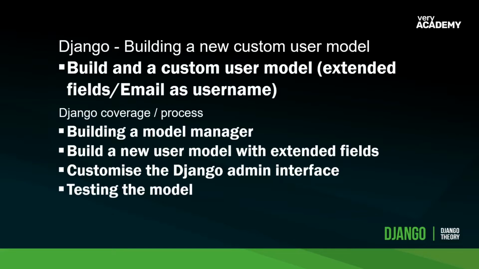In this one, we're going to be building a new custom user model. We're going to get rid of the Django original model for users, and we're going to build our own. And there's a few things that we're going to add here. Instead of having the default username as the primary attribute to log into the system, we're now going to change that to email.